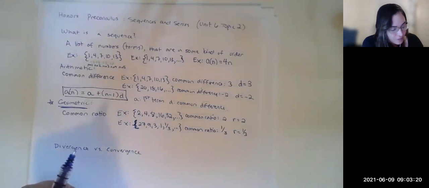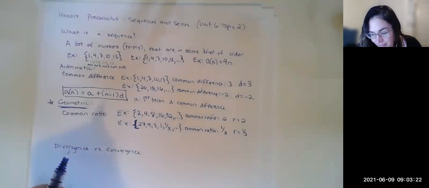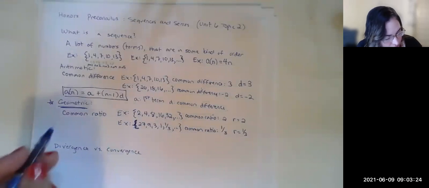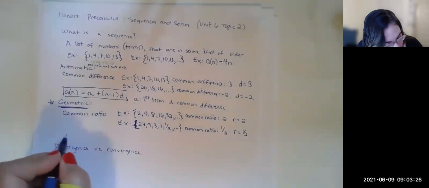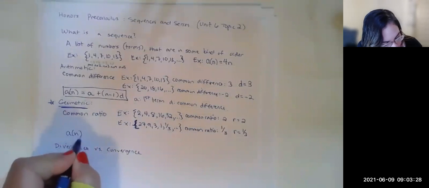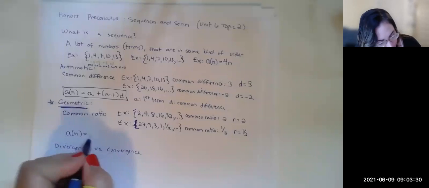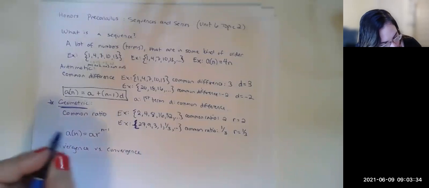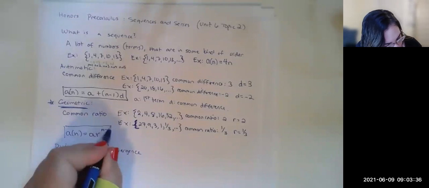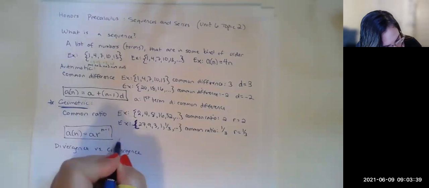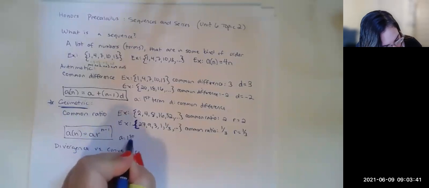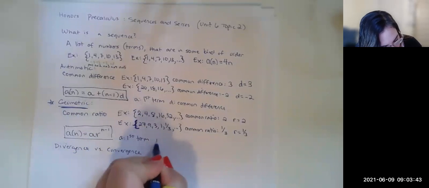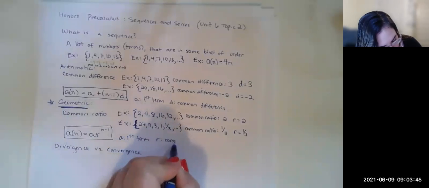All right, so the formula for the nth term of a geometric sequence is A of n, or A sub n, equals your first term times R to the n minus 1. Okay, and as you might have guessed, A is your first term, just like before, and then R is your common ratio.